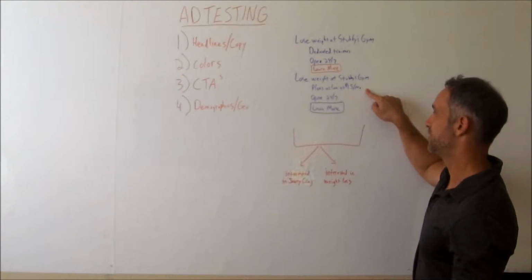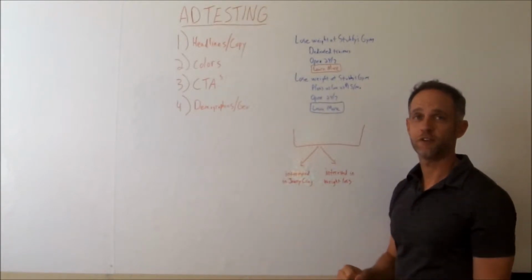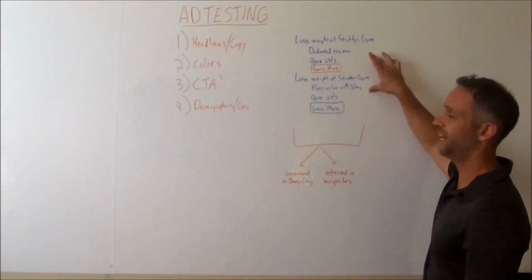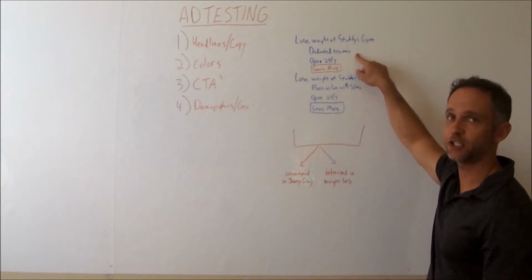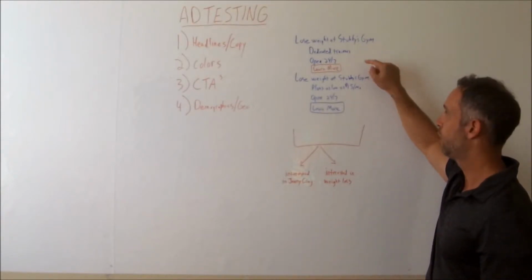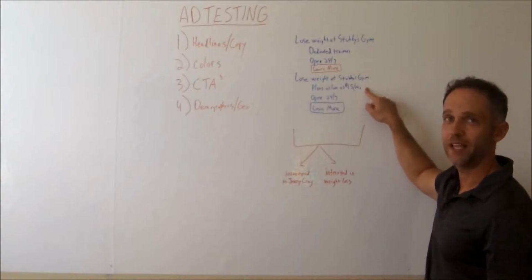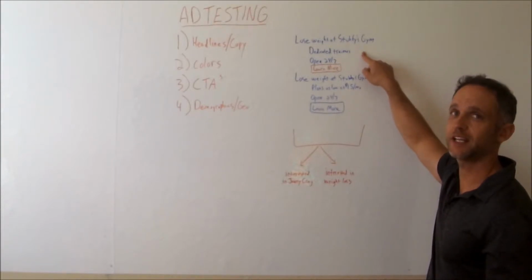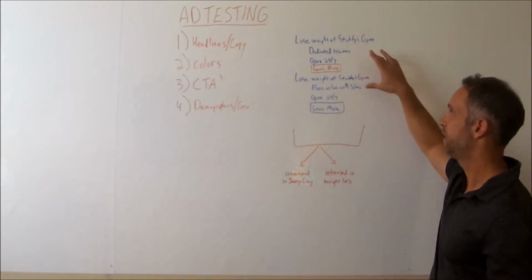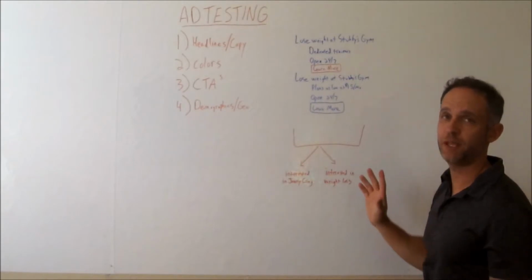Okay, the second ad here is plans as low as $15 a month. So what you are testing is if the audience is reacting to the fact that they have dedicated trainers on staff, or that the plans are as low as $15, a price point. Okay, so is price point more important, or is the fact that they have dedicated trainers more important? That's what you're going to be testing to the same set of people.